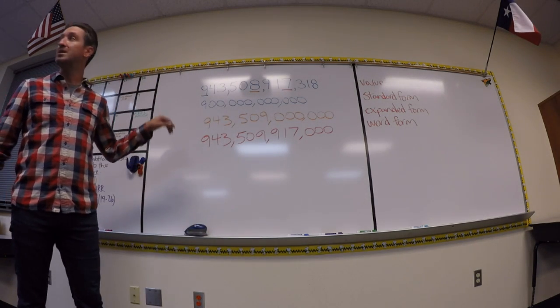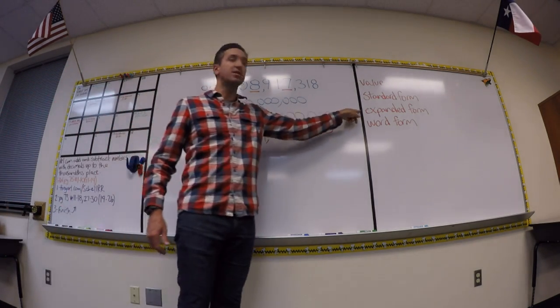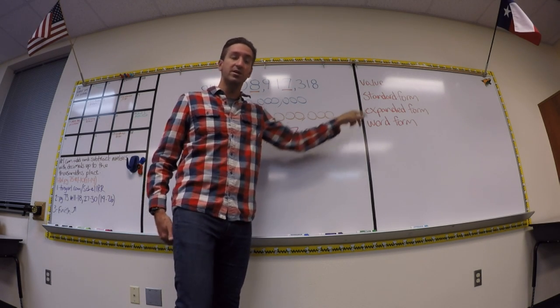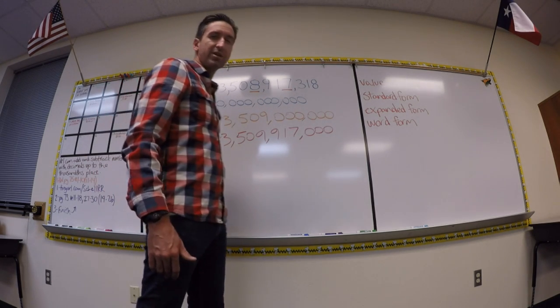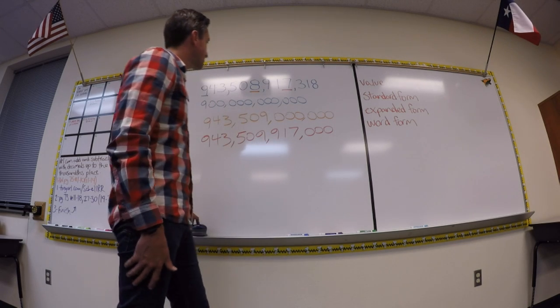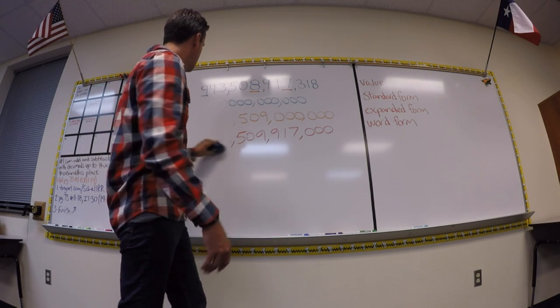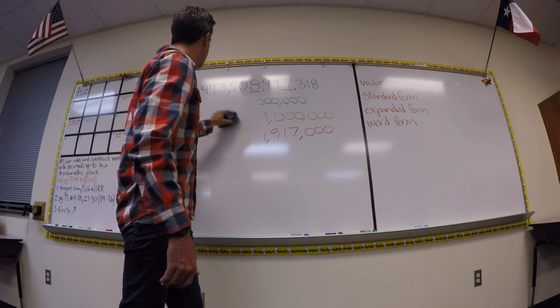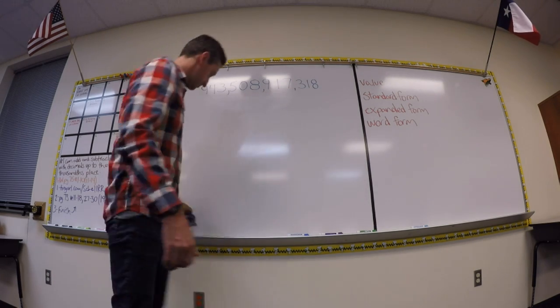And then expanded form is also a different way that you can write numbers. Expanded form is kind of like a big addition problem for numbers. So I'll erase what I have here, and I'll write the expanded form for this group.